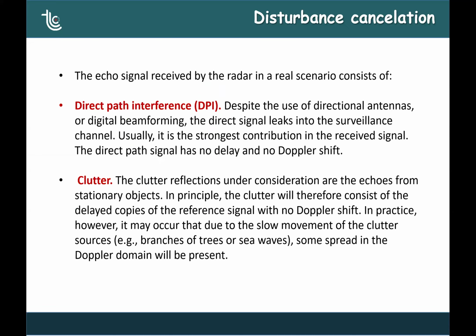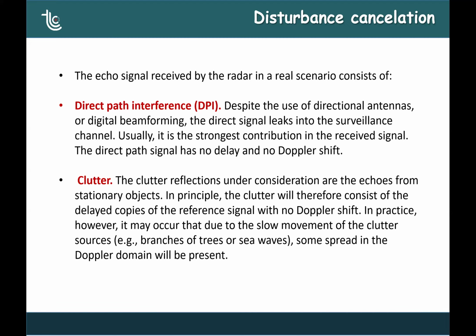We have touched upon some methods to cancel or at least to limit the interference of this direct path. Some of them are related to the antennas. We have seen also that it's possible to put a kind of screen between the transmit or reference antenna and the surveillance antenna, but this is not always possible.